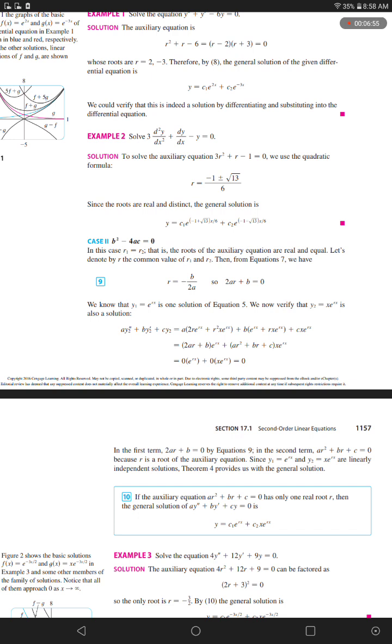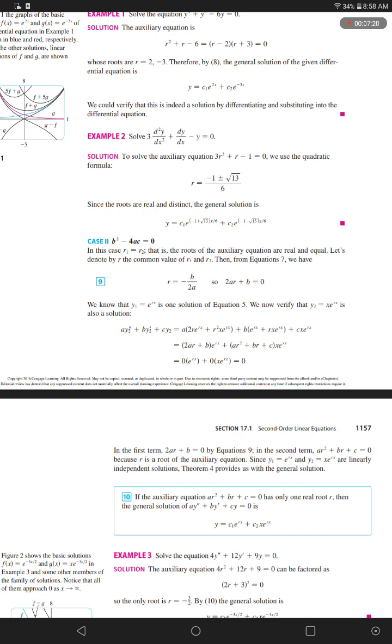In the first term, 2ar plus b equals 0 by equation 9. In the second term, a times r squared plus b times r plus c equals 0 because r is a root of the auxiliary equation.